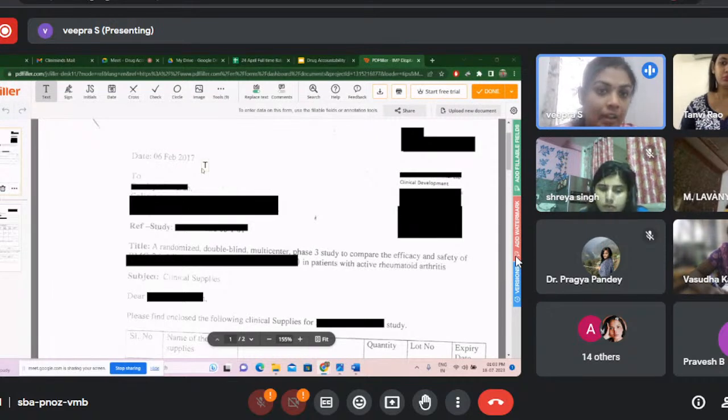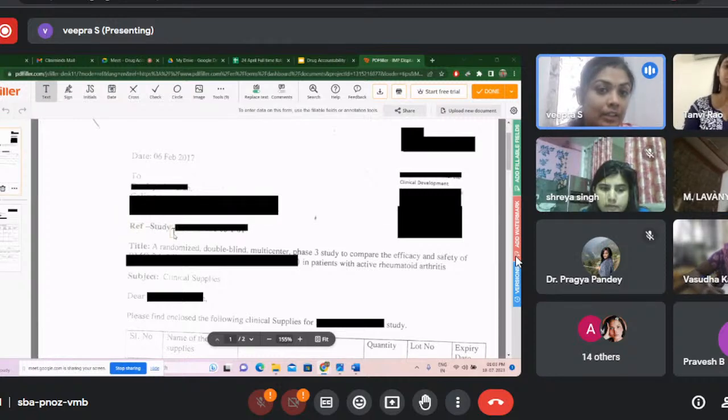Then, what will be contained next? The name of the Principal Investigator, and the address of the principal investigator to whom they send the IP. Those details will be present.